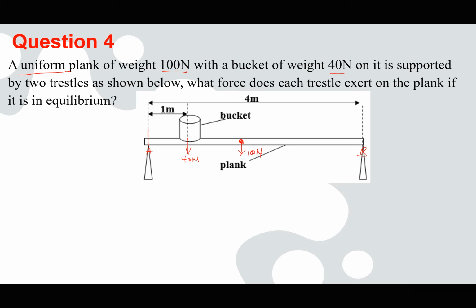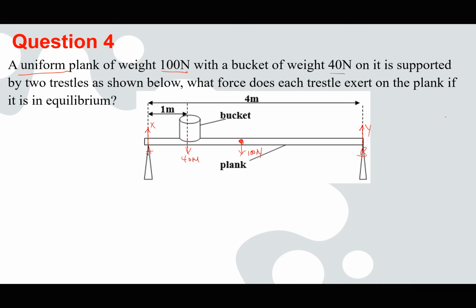Of course, there's a force here from the plank. I'll call this one X. There will also be a force here. I'll call this one Y. So the question is, what force does each trestle exert on the plank if it is in equilibrium? If it is in equilibrium, in the first place, the total forces upwards should be equal to total forces downwards. That's number one.